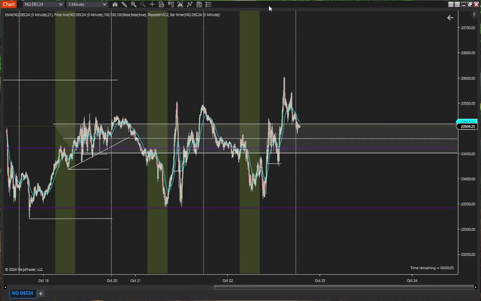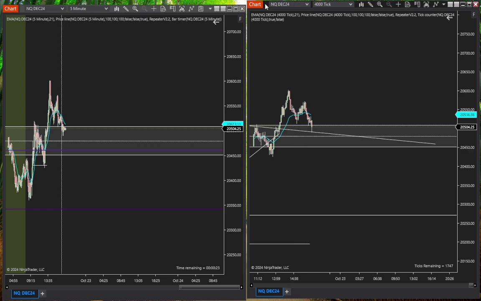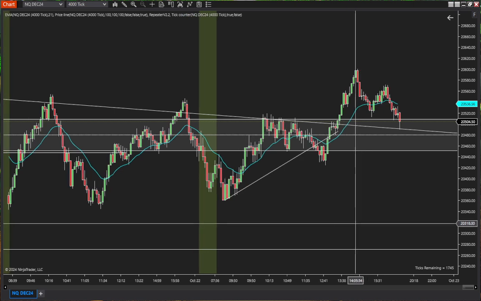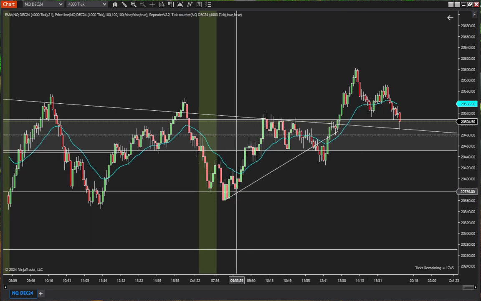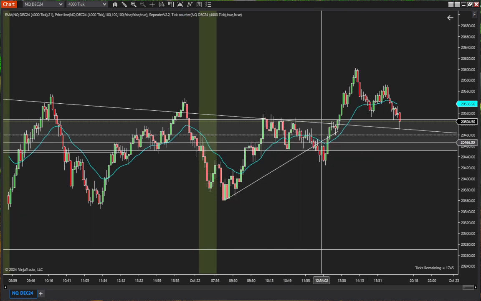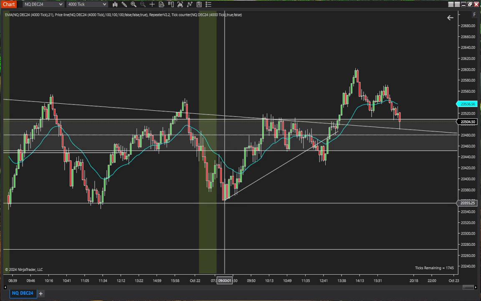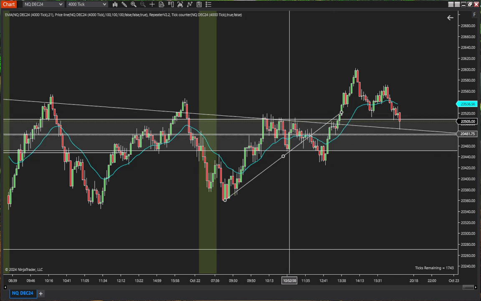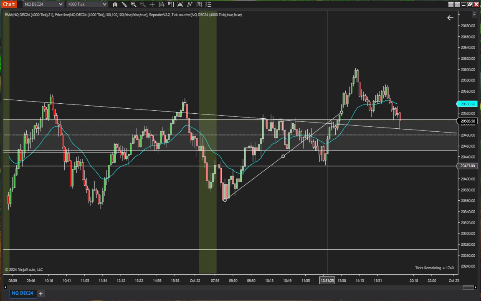Let's see. The other thing I was watching today was this trend line, right? Slowly, these wicks here, I was watching this. I just connected these. Could have connected other ones, like here, and then you could have broke down.